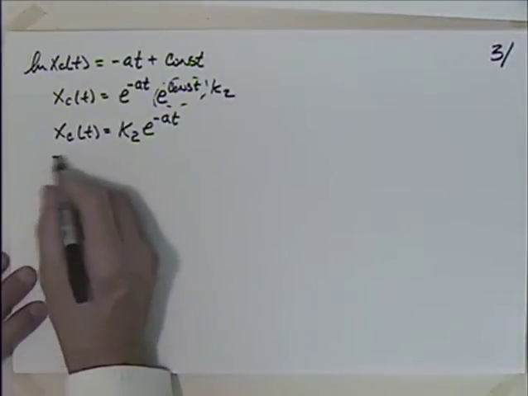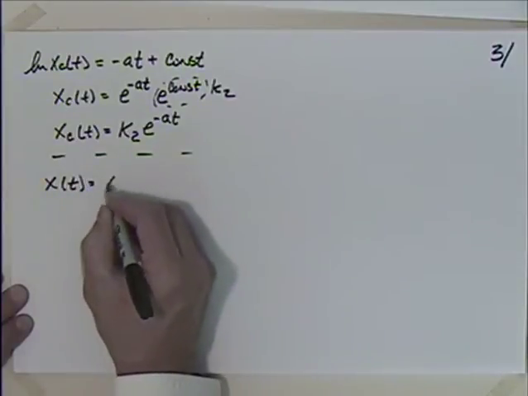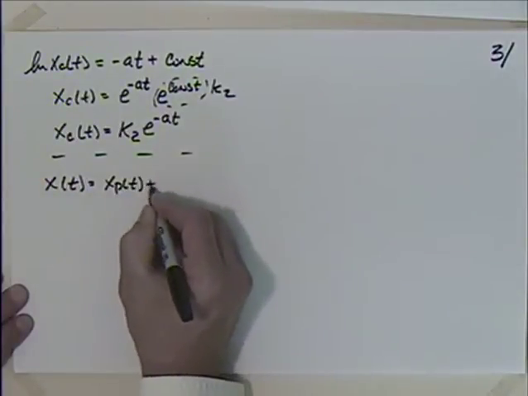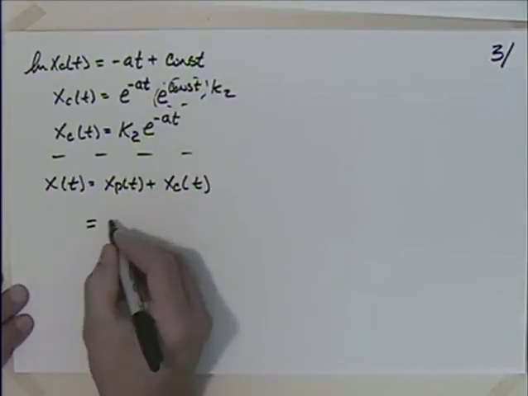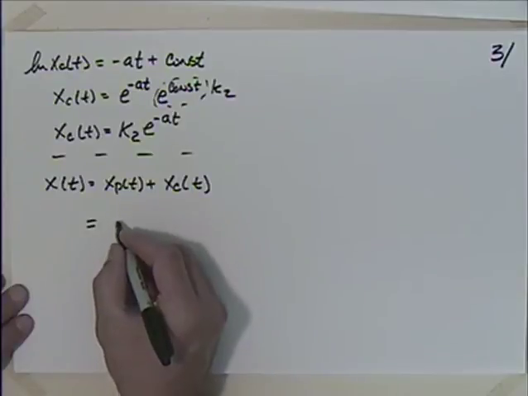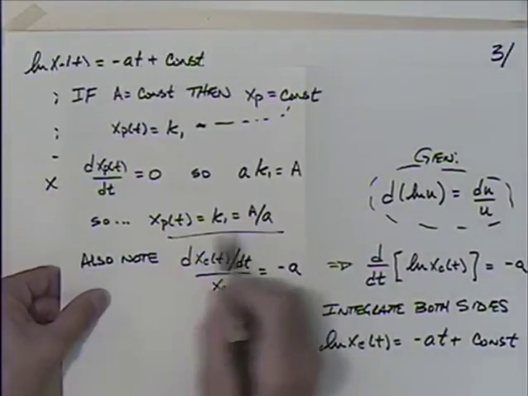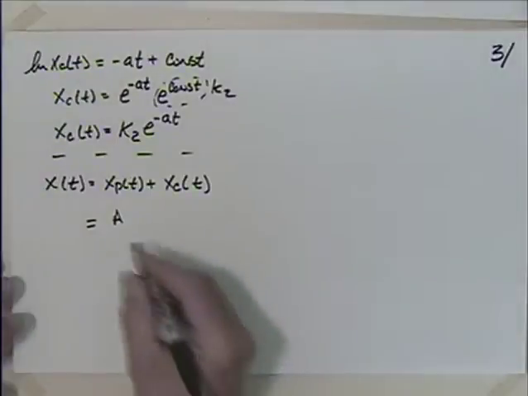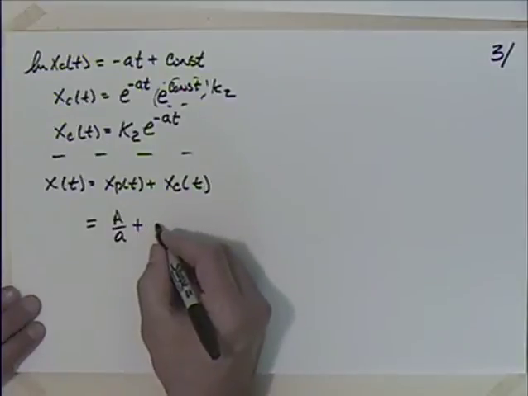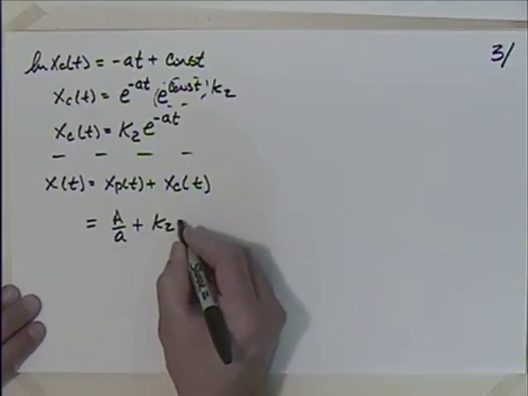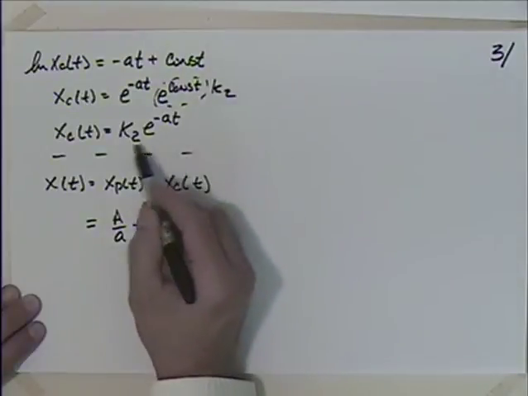We know that, remember that x sub t was equal to the particular solution plus the complementary solution, which our particular solution, that was A over, that was right there, wasn't it? Capital A over lowercase a plus K2 e to the minus a t, using this one up here.